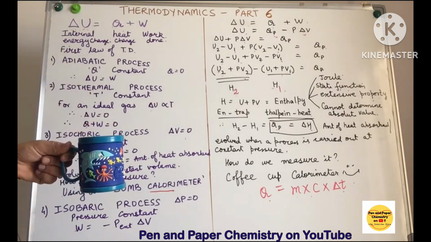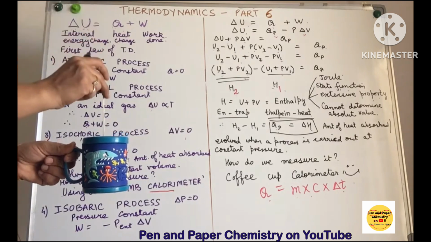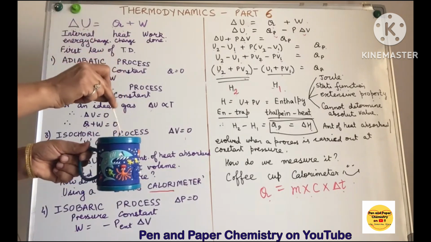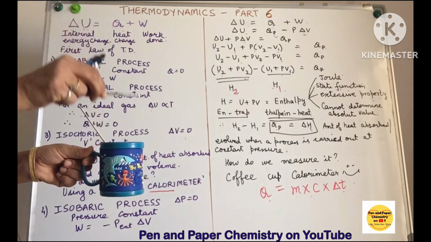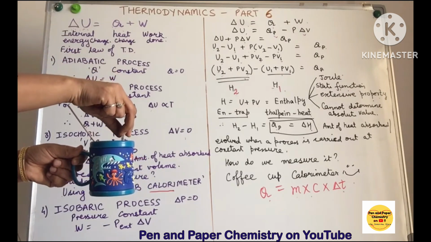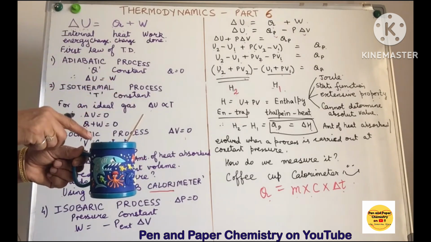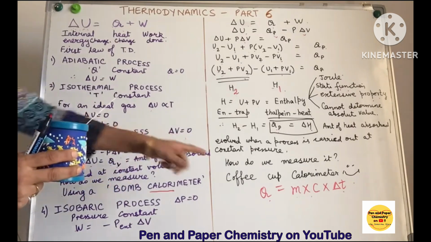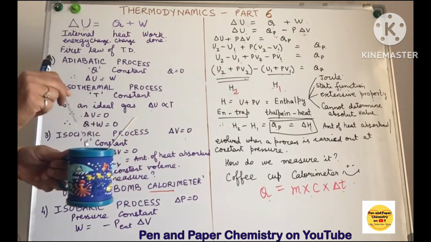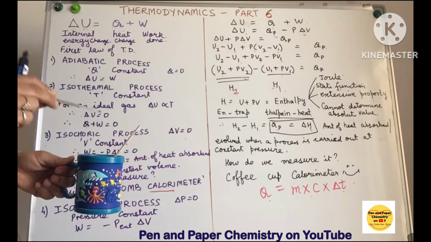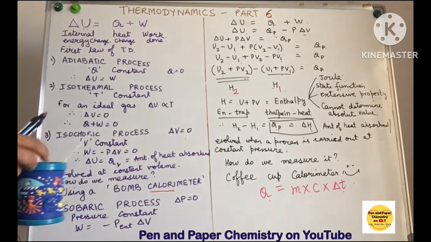We have the reaction mixture inside it. We just need a stirrer so as to allow uniform distribution of heat. We just need a thermometer in order to measure the change in temperature. Again, m c delta T will give us the amount of heat absorbed or evolved at constant pressure.